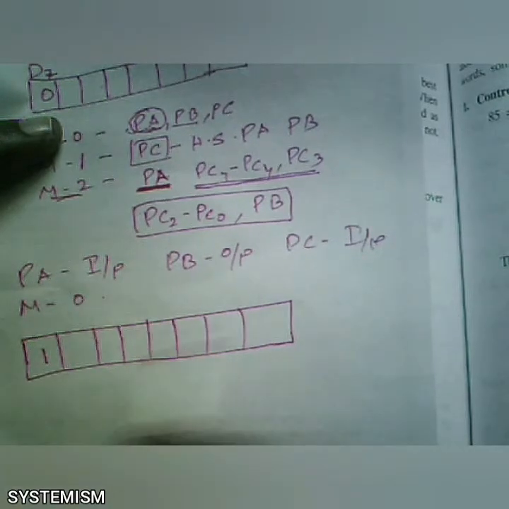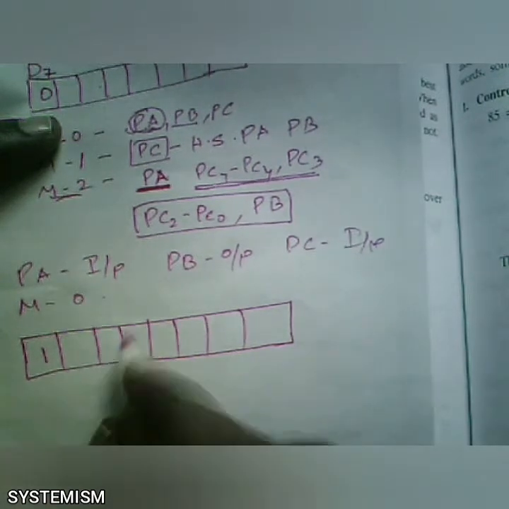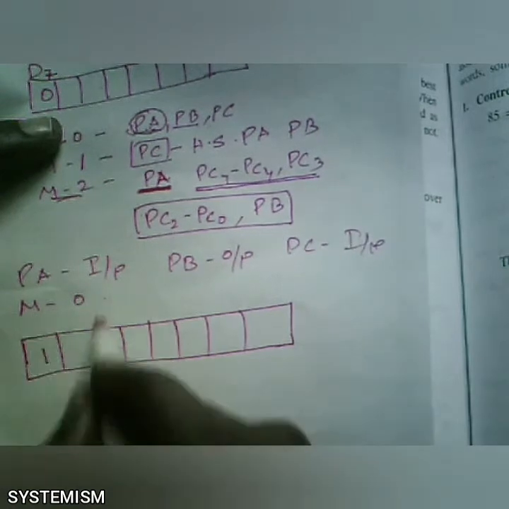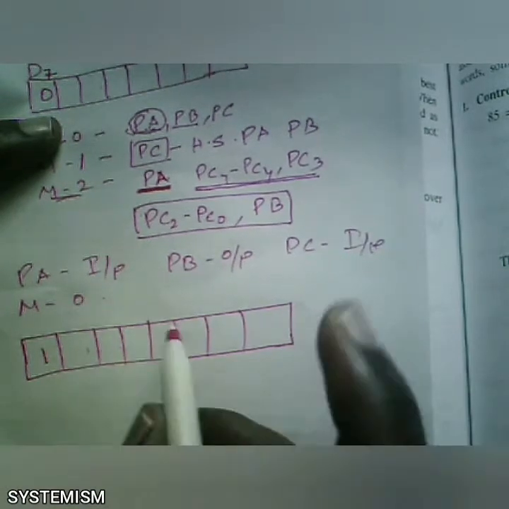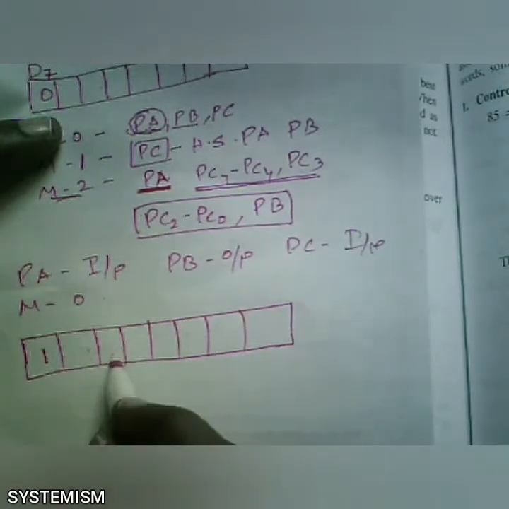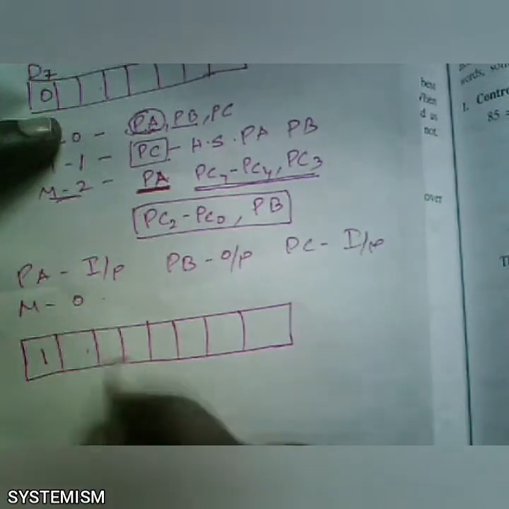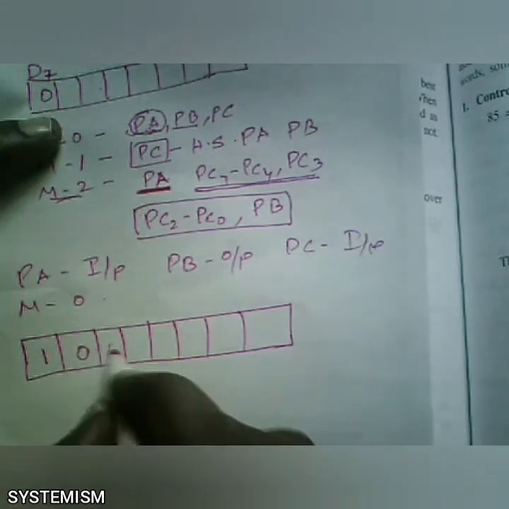What are these two bits? These two are used for specifying the mode. If you put 0 0, then it is mode 0. If you put 0 1, then it is mode 1. If you put 1 0, then it is mode 2. If you put 1 1, it is illegal, so you should not use that. Now I want mode 0, so 0 0.